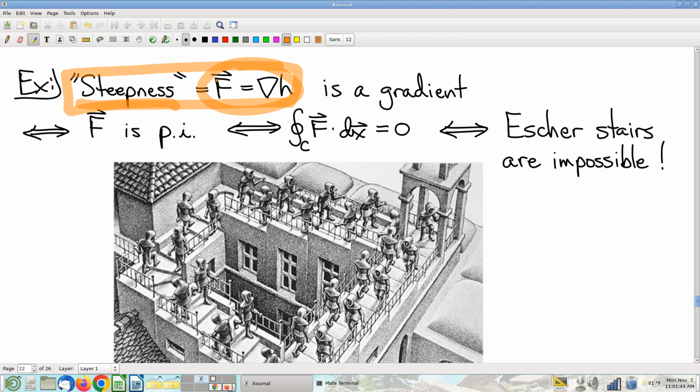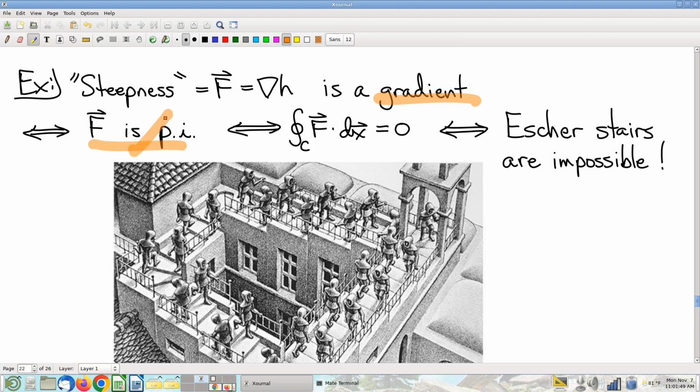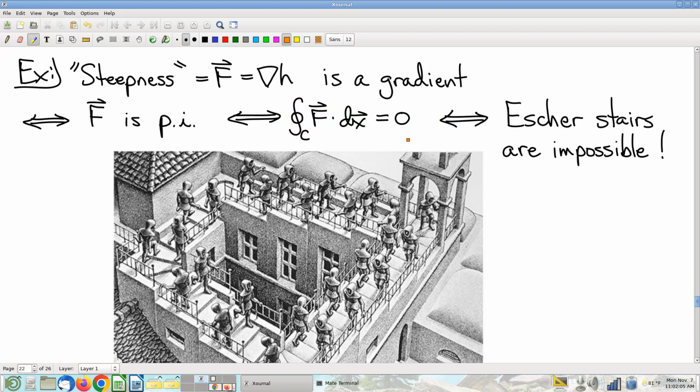Okay, well here's the thing. It's a gradient. That means that it's path independent. We just got through observing that gradients are path independent. Path independent we can reformulate as saying that closed line integrals are 0. That was the most recent point that we just made. So let's think about what this is really telling us.